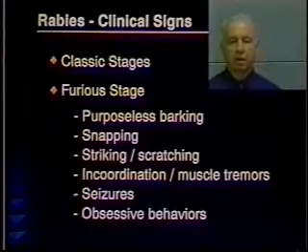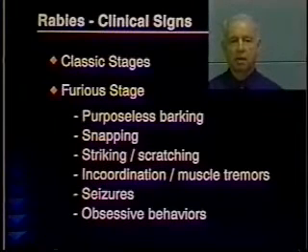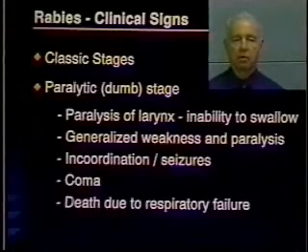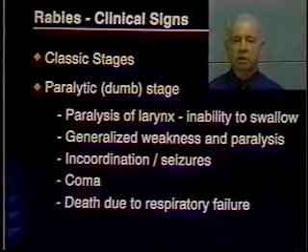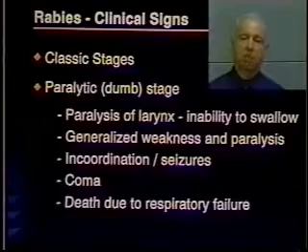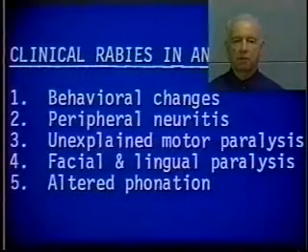So some of the clinical signs of rabies in the furious form would be those that we have just described, that is barking and snapping at stimuli, and then in the chronic form, there would be paralysis of the laryngeal muscles, weakness in coordination, and subsequent death in both of these forms with respiratory failure.